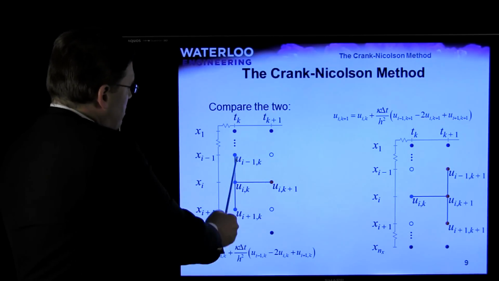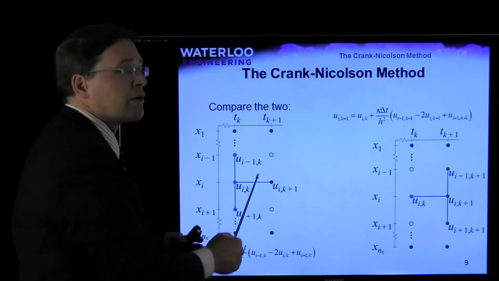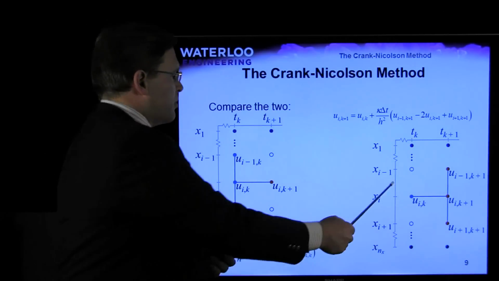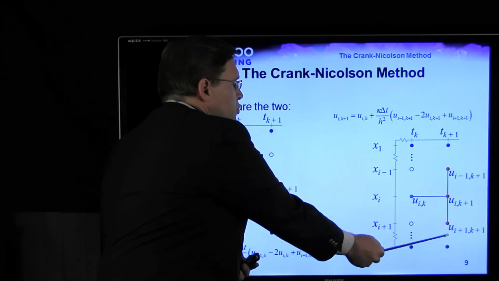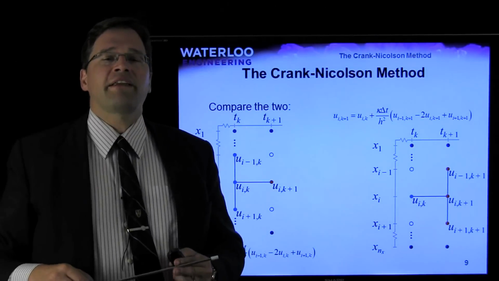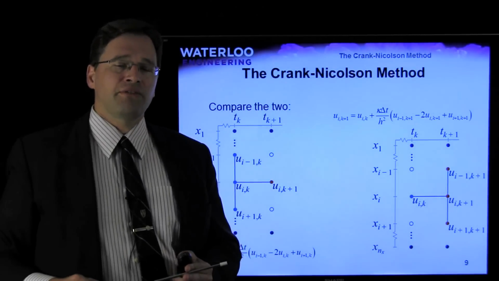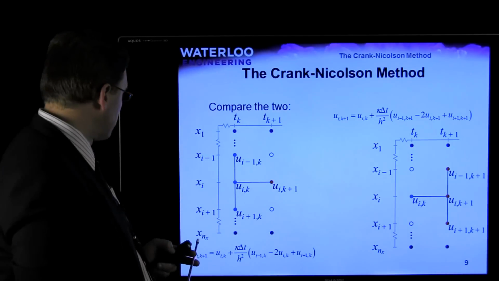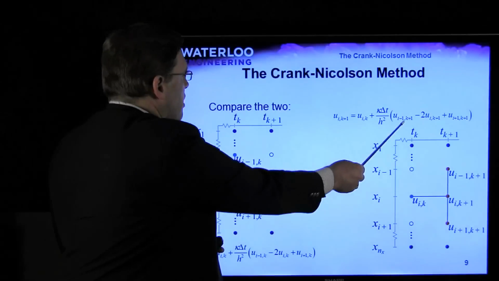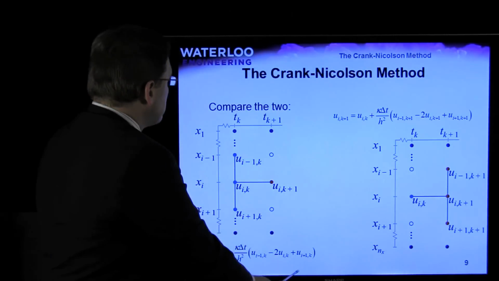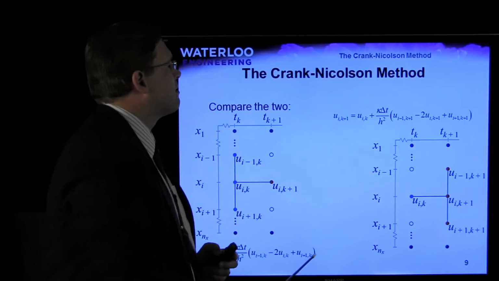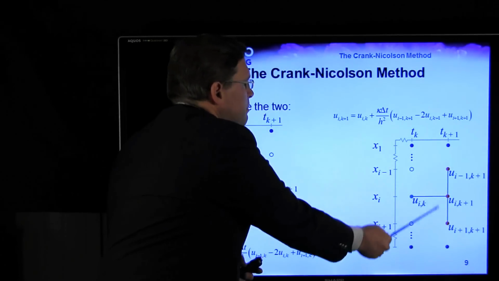Here we're using 3 points that are known to calculate 1 point in the future. Here we're using 1 point that is known to write down an equation that involves 3 points in the future. The equations themselves, however, are very similar. The only difference is these 3 points are at time t k, these 3 points are at time t k plus 1.